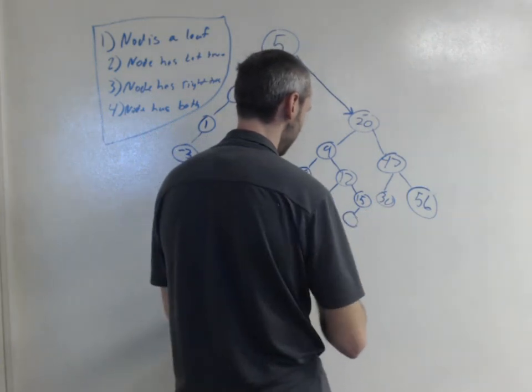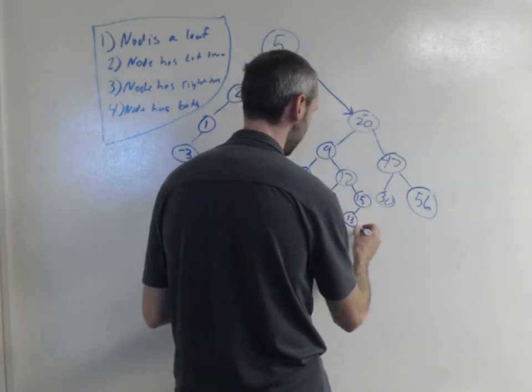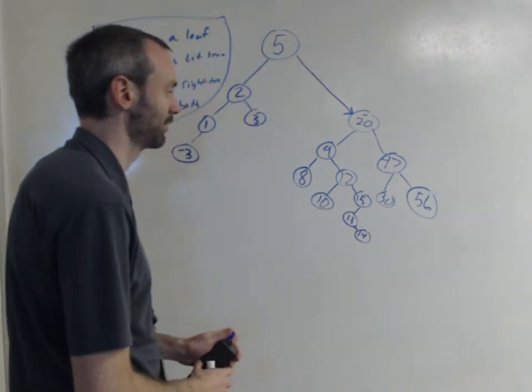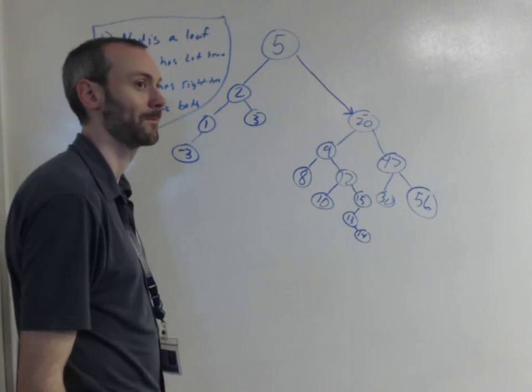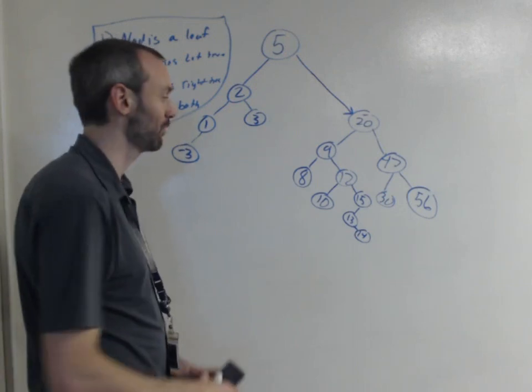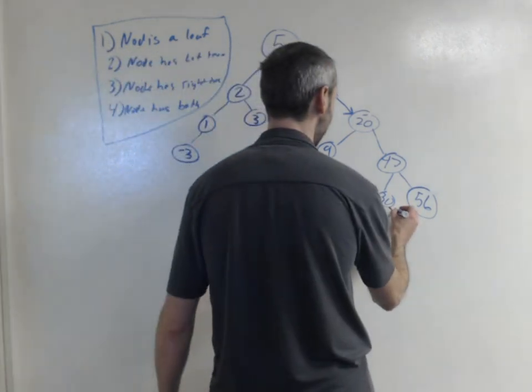Actually, let's do this. No, let's do this. I like it. All right, now what do we do? You pick the right side. Well, I mean, the right side could have the same problem.